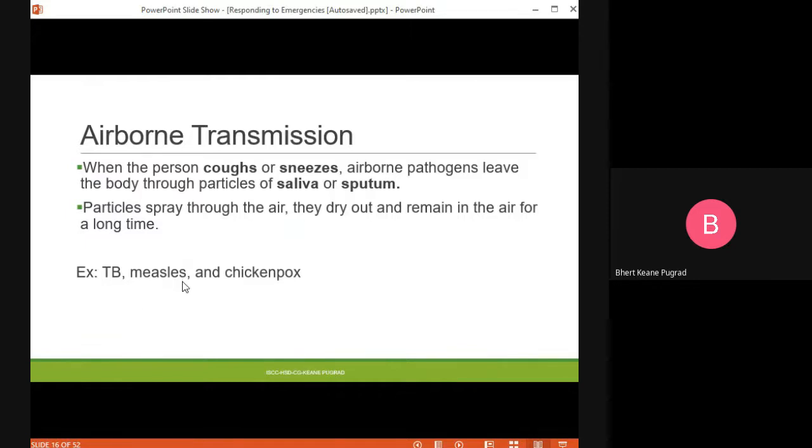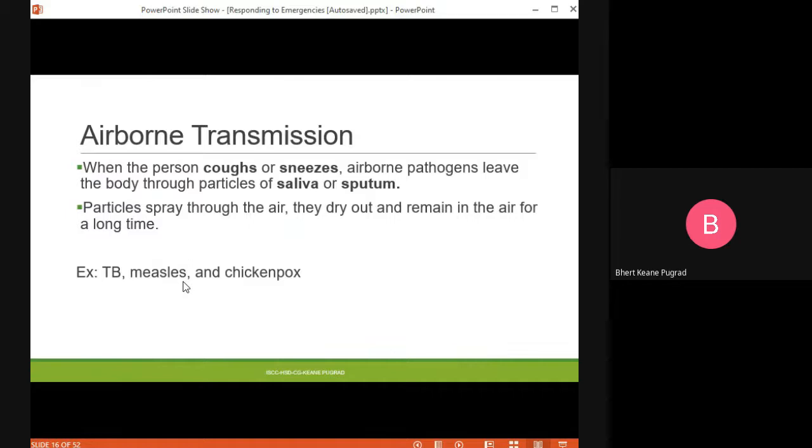Next. Measles. In Iloco, that's your Camuras. In Filipino or Tagalog, that's your Tigdas. Okay? Take note, those are highly infective or infectious diseases, no? Tuberculosis, measles, chickenpox, no? Sobrang nakakahawa yan.